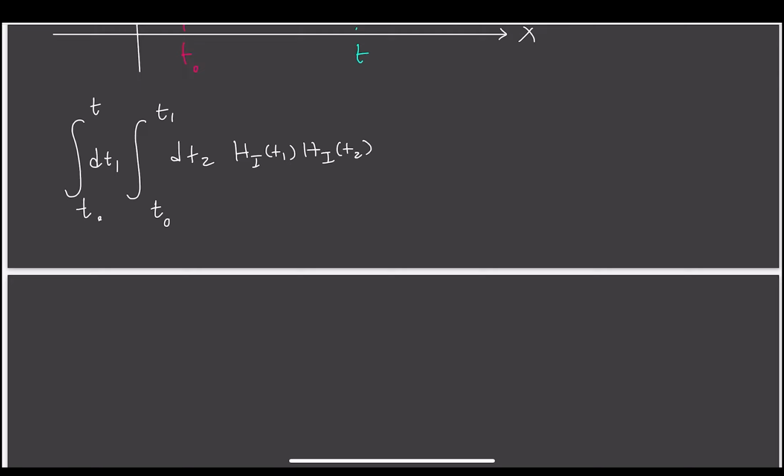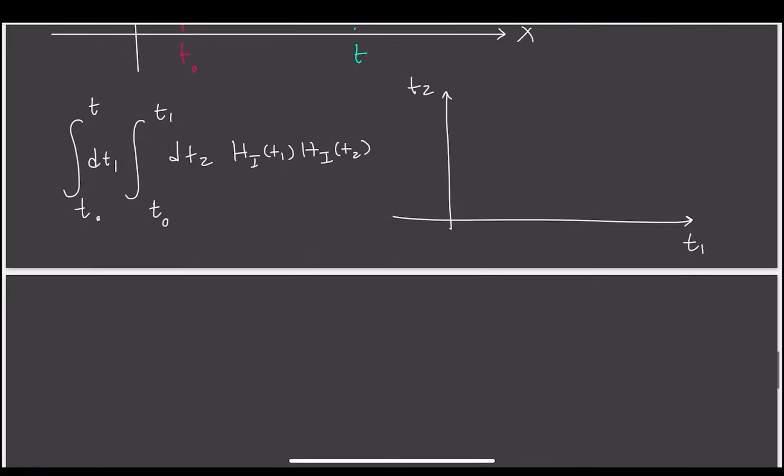What is this integral calculating? Imagine this is t1 and this is t2, and this is t0, t, and this is t0, t. T0 is the same. What I'm calculating is the area of this triangle here.